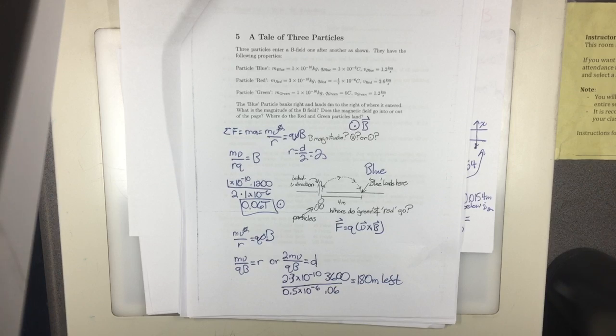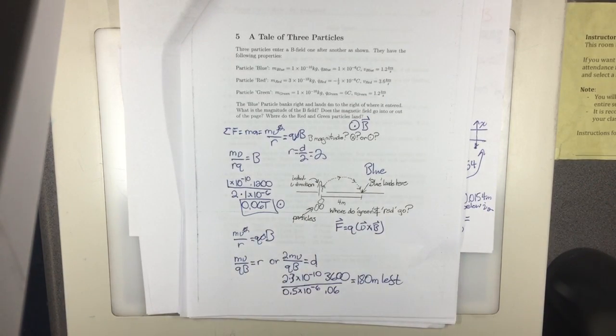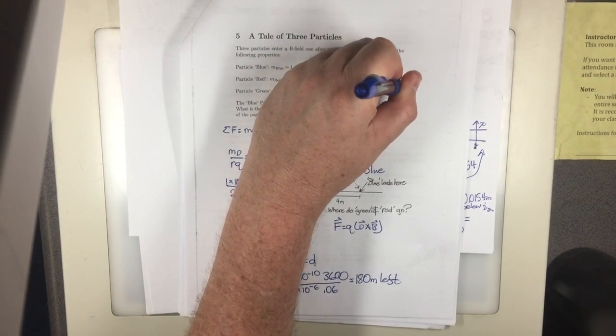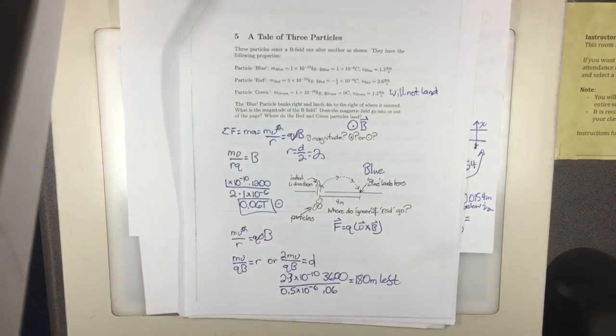V cross B is to the right. But the charge of a neutral particle is 0. 0 times right is nothing. So that one will not land. And that's the answer.